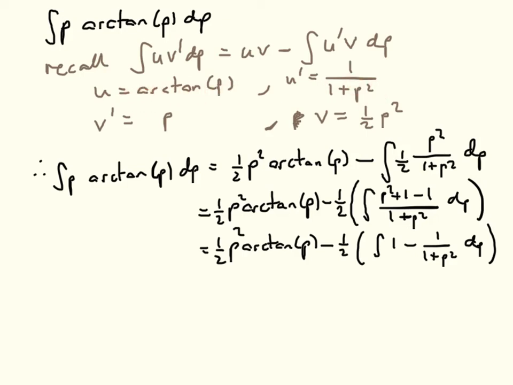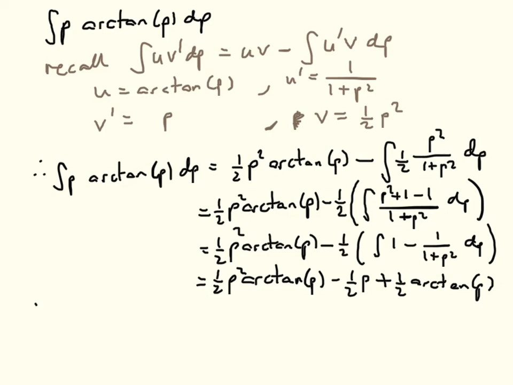So we have, therefore, 1/2 p squared arctangent of p minus 1/2 p, minus minus becomes plus 1/2, and as we just said, the second integral here is the arctangent of p.